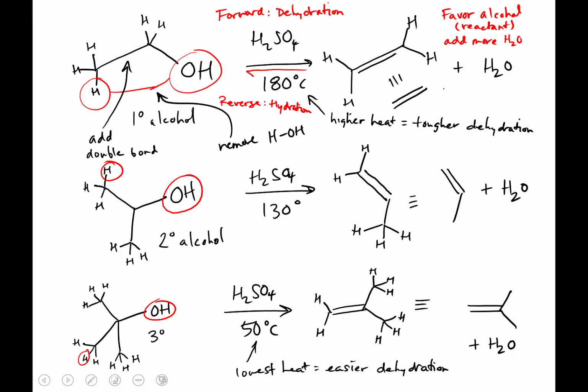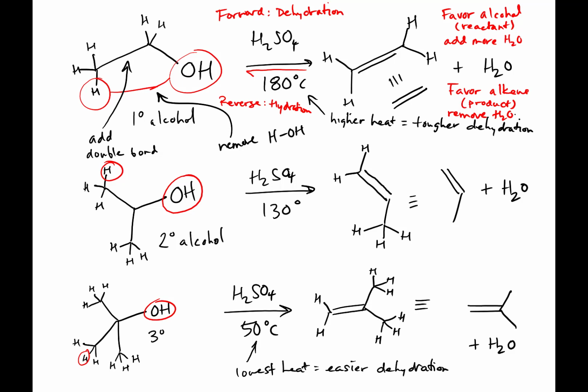Whereas if I want to favor the formation of the alkene, I could remove water. Now, again, in theory, I could add more of the primary alcohol as well, but the easiest thing to do would be to remove product, in this case water. So to favor the alkene product, I could remove water.